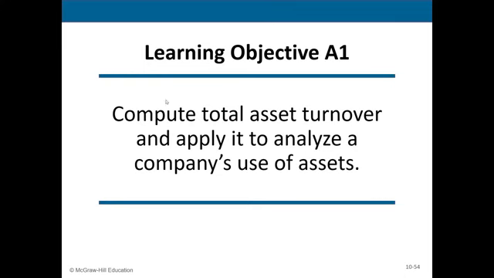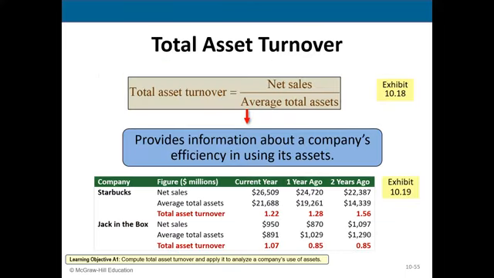Now, before I let you go for the evening, one of the last things we need to talk about is, yes, at least one ratio. This one's called the total asset turnover ratio. The idea here is that we're trying to figure out how efficient the company is at using their assets.